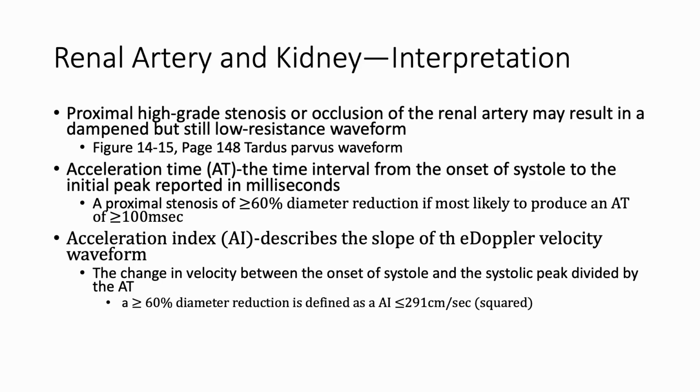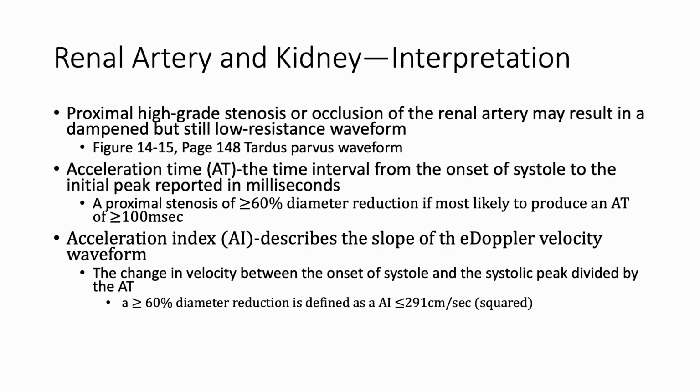Acceleration index describes the slope of the Doppler velocity waveform. It's the change in the velocity between the onset of systole and the systolic peak divided by the AT. A 60% or greater diameter reduction is defined as an AI of less than or equal to 291 centimeters per second squared.